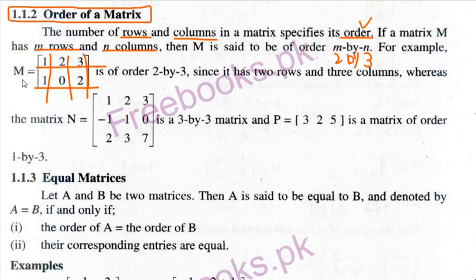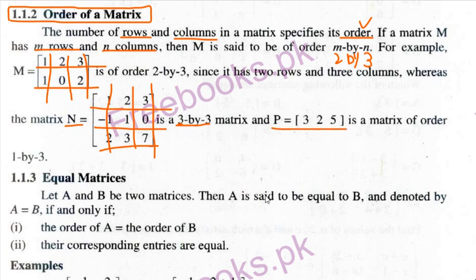So the order of matrix M is 2 by 3, since it has 2 rows and 3 columns. Now there is another matrix N. Let's find the rows for matrix N. Row 1, row 2, row 3, 3 rows, and column 1, column 2, column 3, 3 columns. So the order of matrix N is 3 by 3.